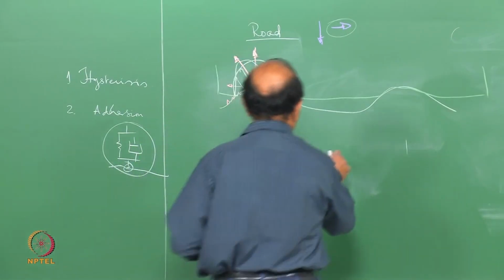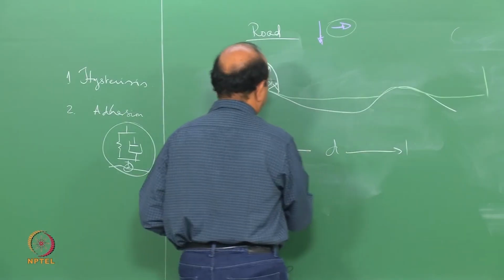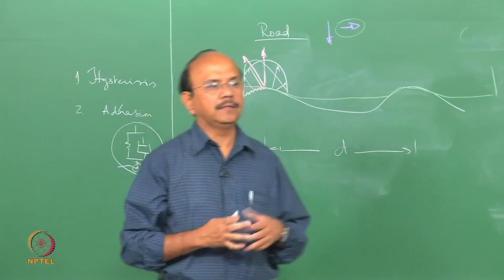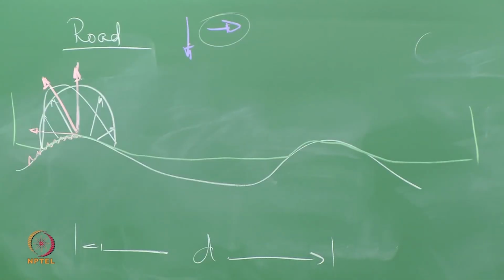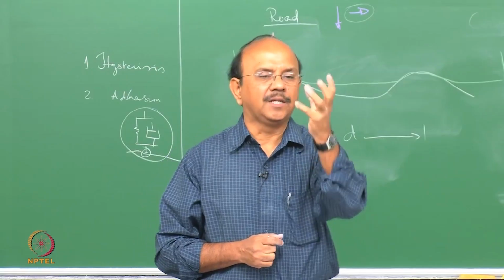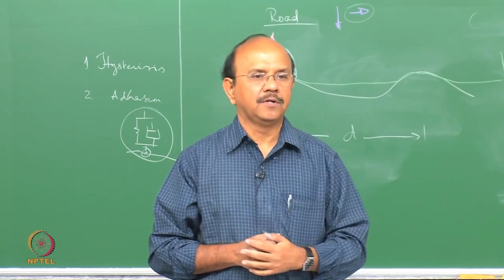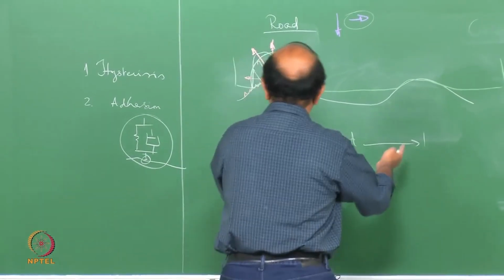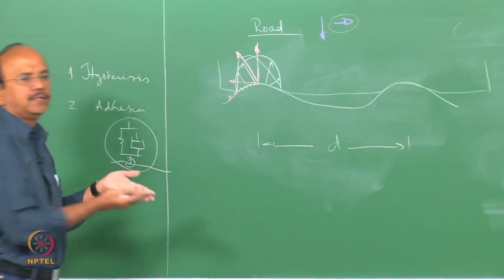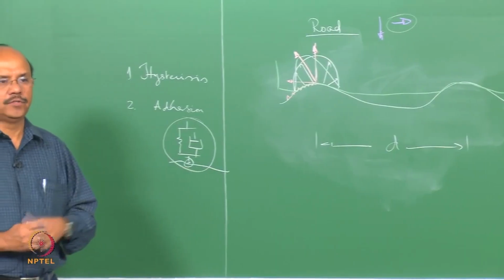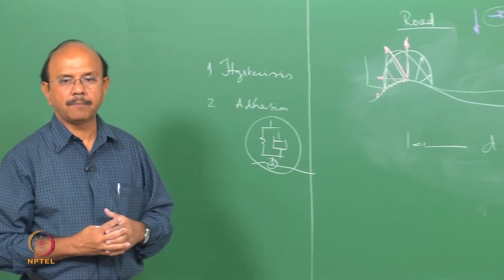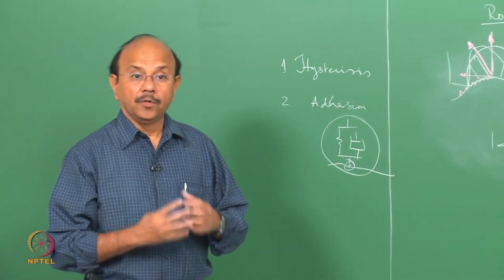This I would call D, then V by D is the frequency with which this slips. The frequency with which that stick slip happens is much less. So if this is around 10 to the power of 4, this would be actually 10 to the power of 8. So that's the frequency at which it slips.